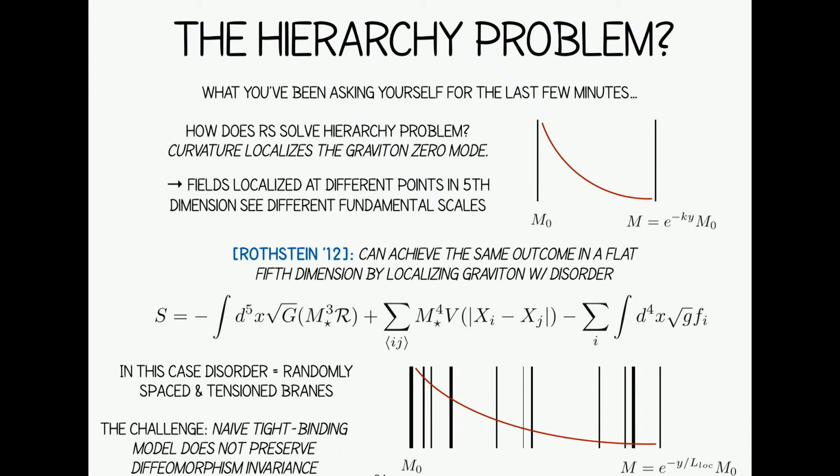And so if the Higgs happens to live on some brane that's randomly some other distance from where the graviton is peaked, the fundamental UV scale that it feels of quantum gravity is much lower. Okay. So instead of doing some elaborate construction with picking a special metric in an extra dimension, the idea is, what if you just randomly throw branes in an extra dimension?